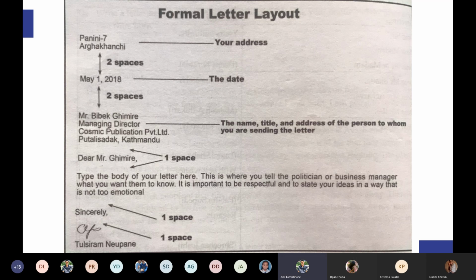Kristen, did you finish taking this format? If you finish taking it, just let me know, then I will move forward.